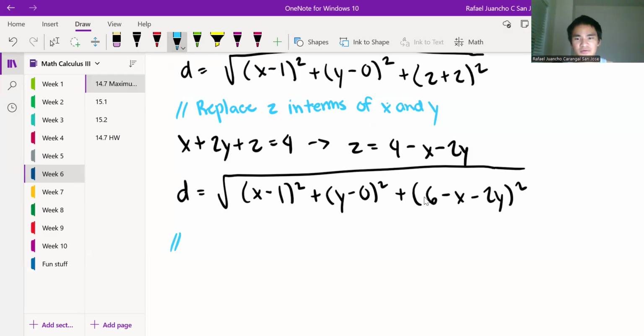Now we want to minimize d. So we want to minimize that distance by minimizing the simpler expression, right? And so basically here we square it. That's it. We square it. Then we copy.